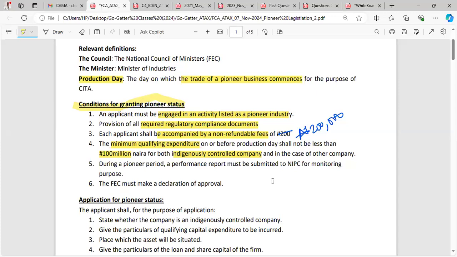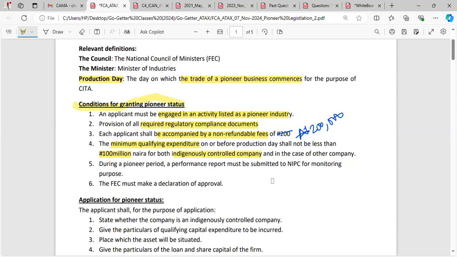It has paid the 200,000 non-refundable application fee. Then the qualifying expenditure it has shall not be less than 100 million naira. And Glo is an indigenously controlled company. That means the person who has the controlling power, the controlling right, if it's a company, is 51% and above. You have controlling rights, so it is indigenously controlled by Nigerians.